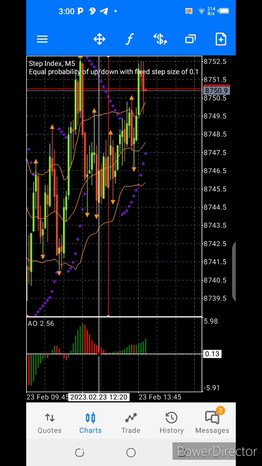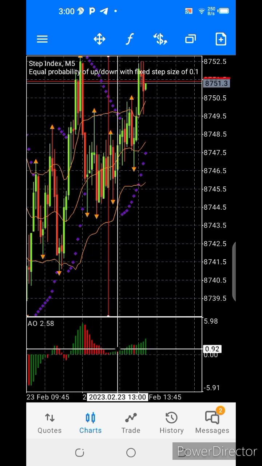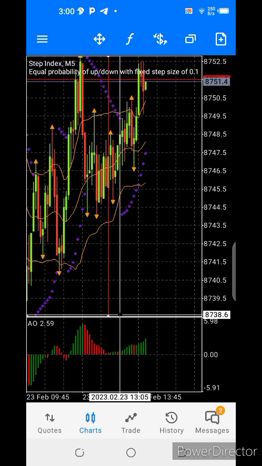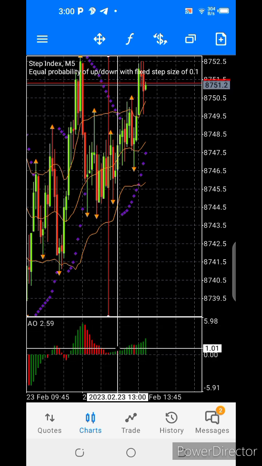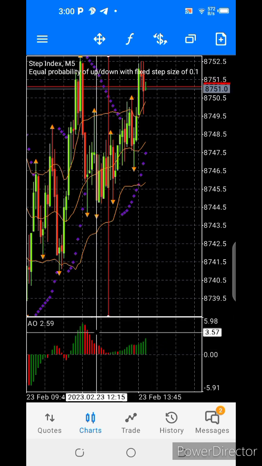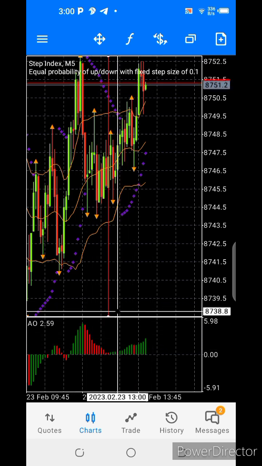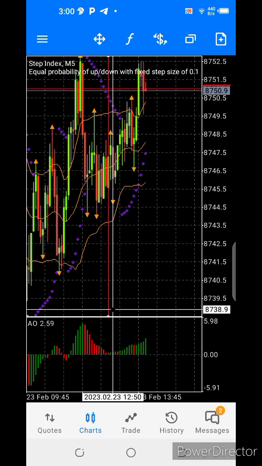So this is what I'm looking out for: the market to pull back, then continue in that same direction, giving me a V-shape format. You can see that V-shape. So where did we have the continuation?